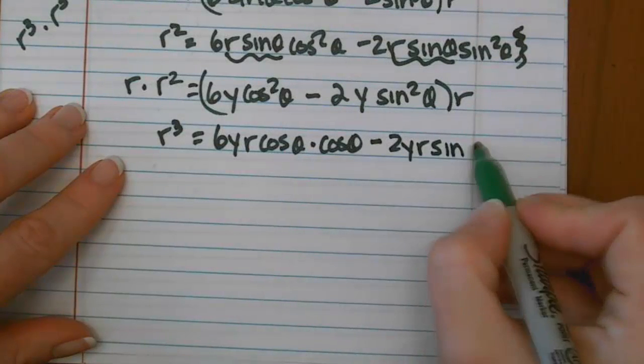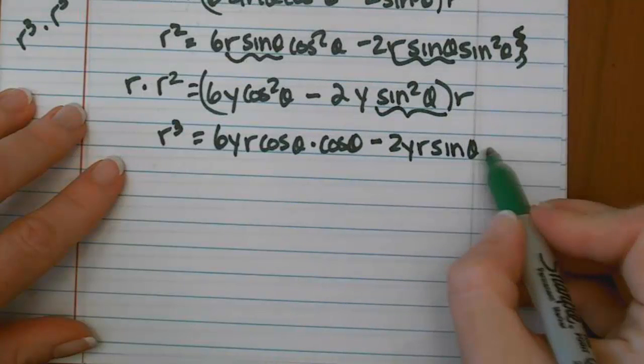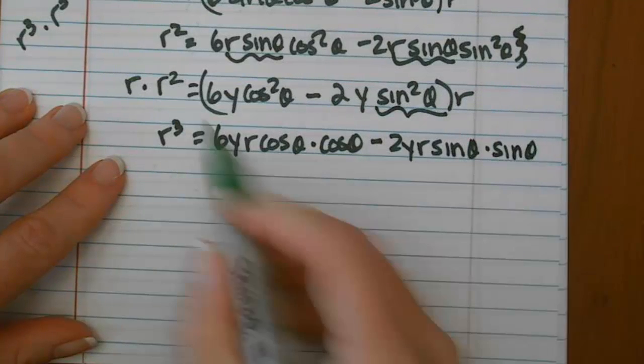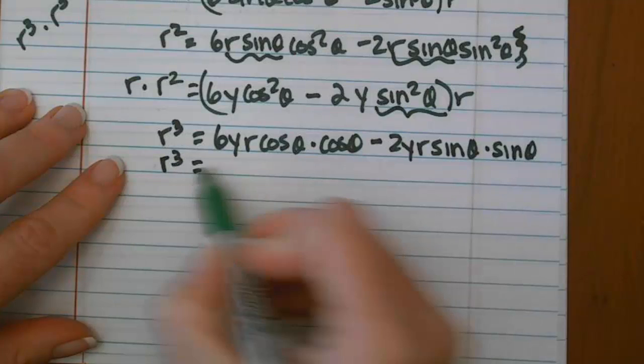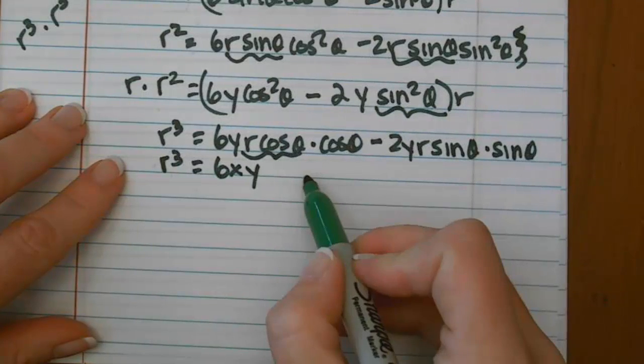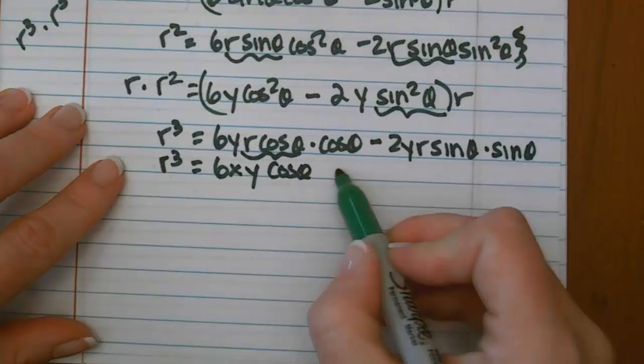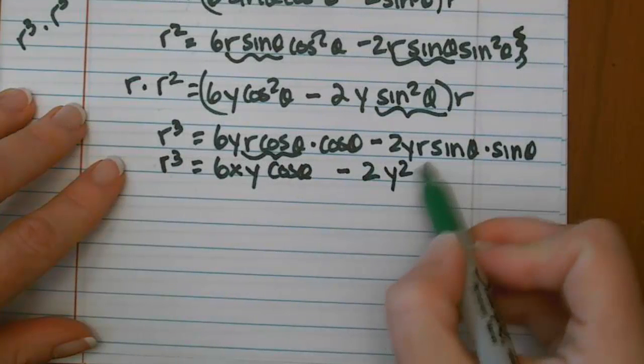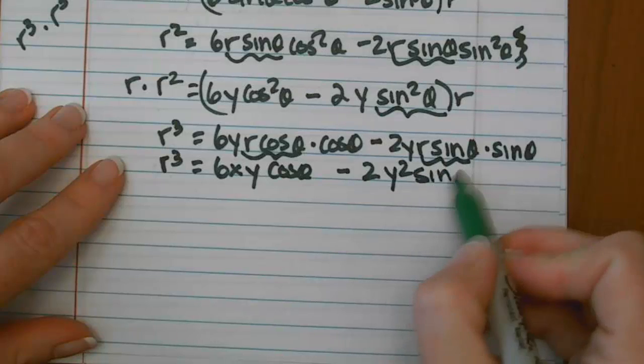I'm going to do the same thing. I'm going to rewrite sine squared theta as sine times sine. So now I've got r cubed is equal to, this is an x, so I have 6xy cosine theta minus 2y squared, because this is a y, sine theta.